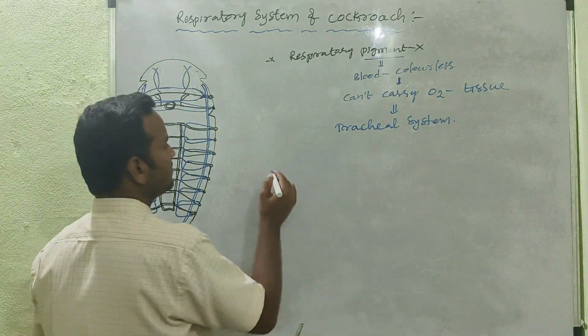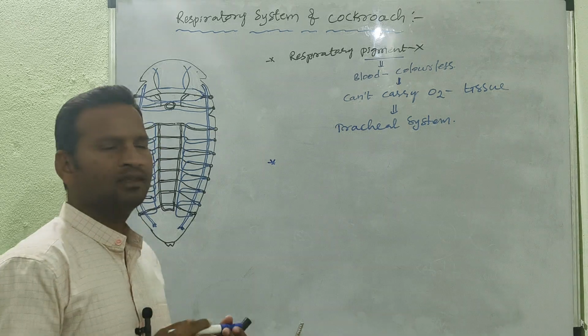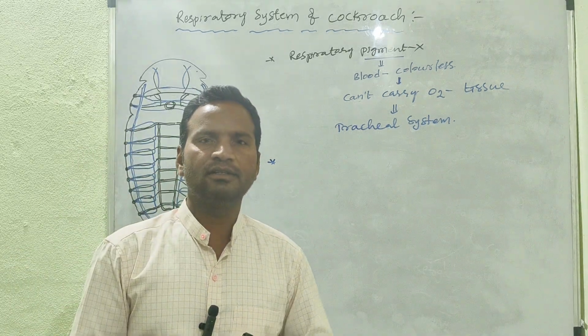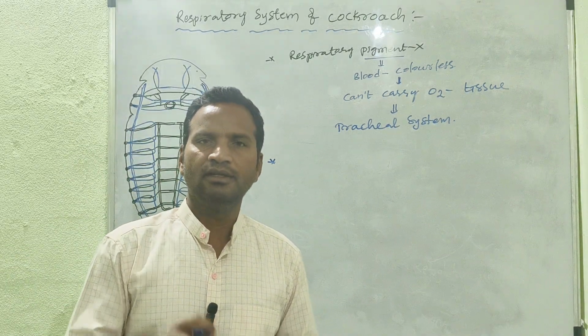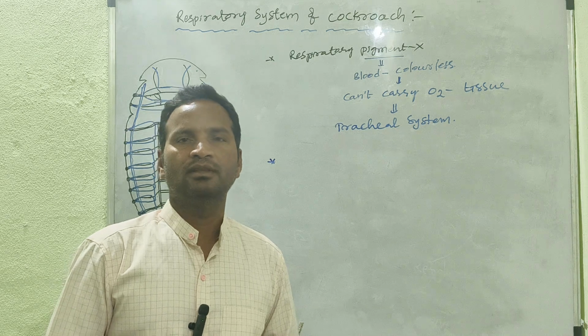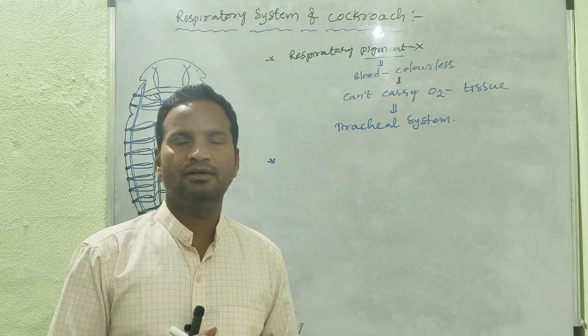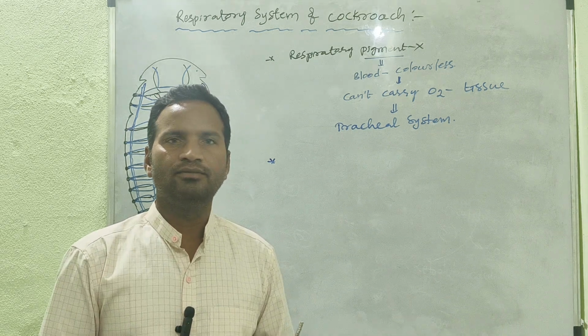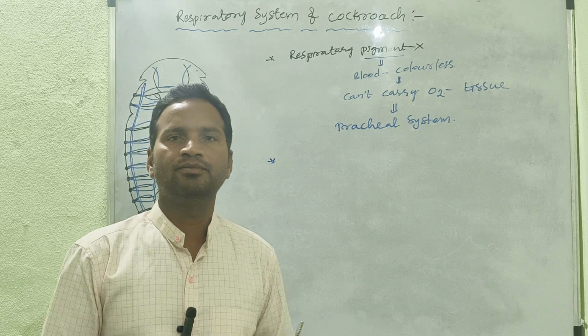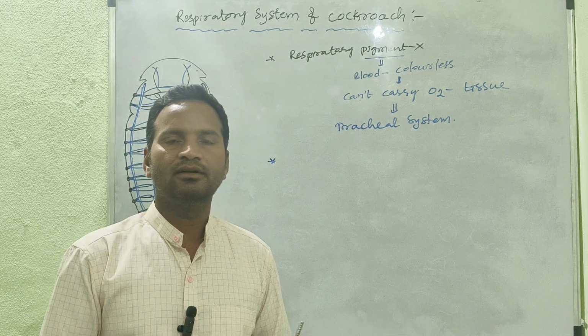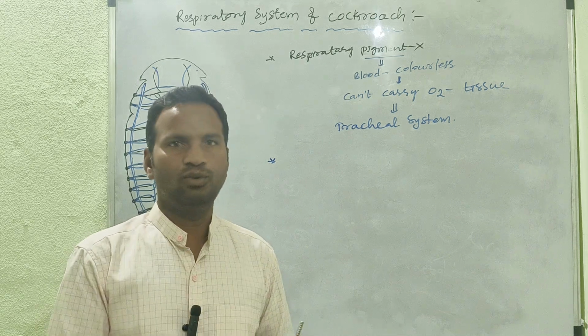Now let us discuss what the respiratory system of cockroach includes: spiracles or stigmata, the next one is trachea, and the next one is tracheoles.